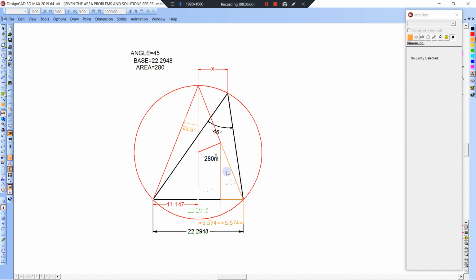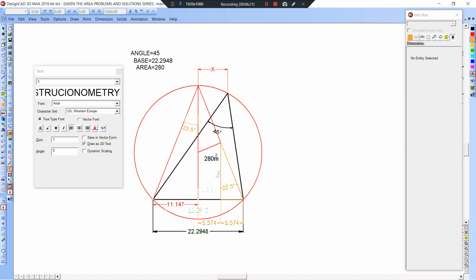All right. So we have 22.5 here also. All right, we know that's 22.5. And we have the base, so we can solve for this x. So let's do that.